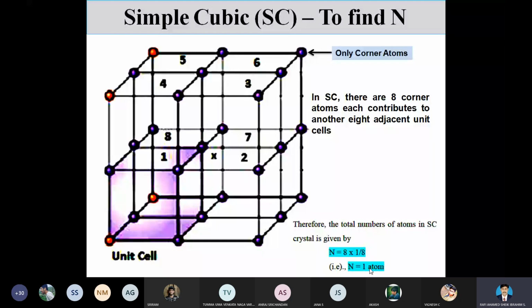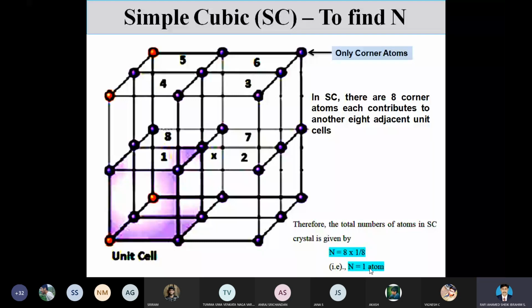So this is the way. If you are going to study the second crystal structure, BCC, or the third crystal structure, FCC, the procedure is the same. In simple cubic structure, we have only one type of atom, that is the corner atom. That's why it's called a primitive cell. Primitive means consisting of only one type of atom, here only the corner atoms, not any additional atom.